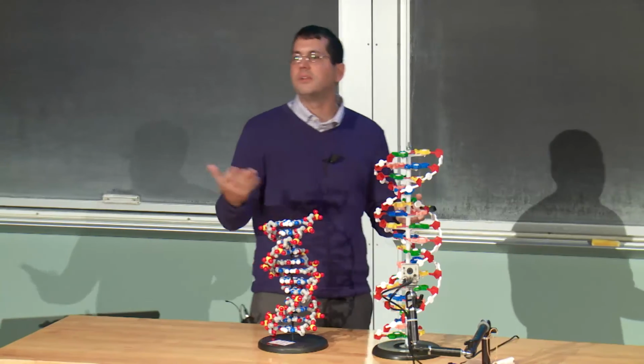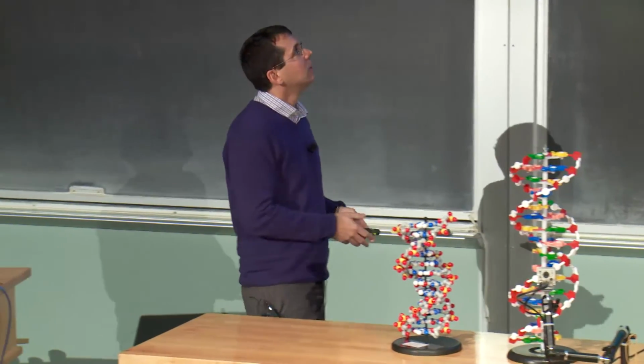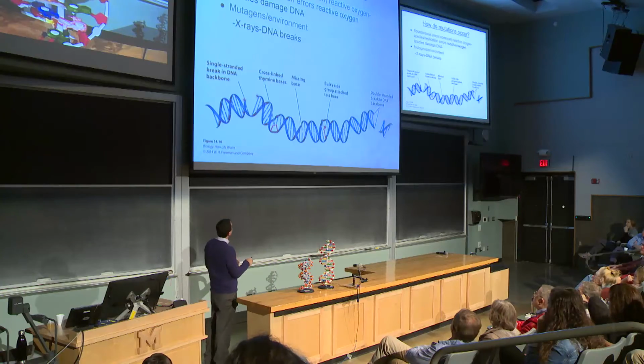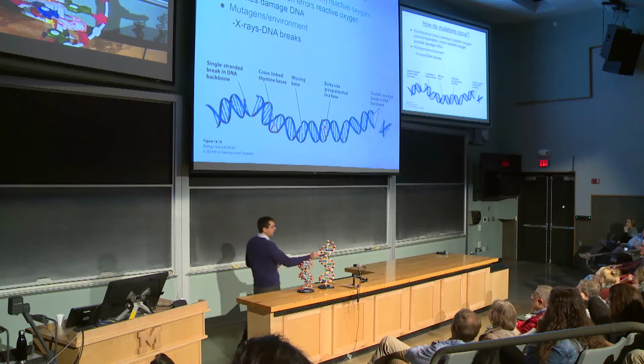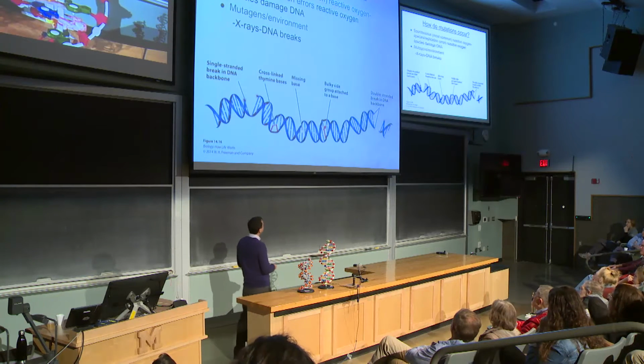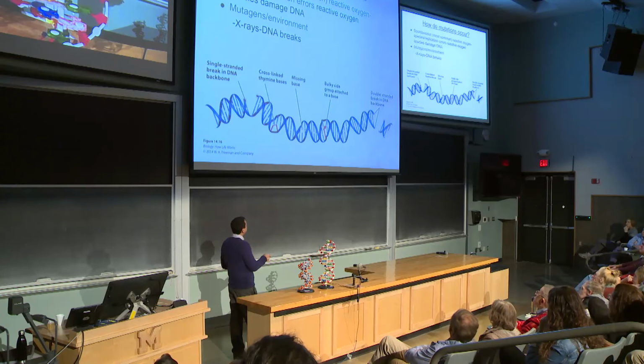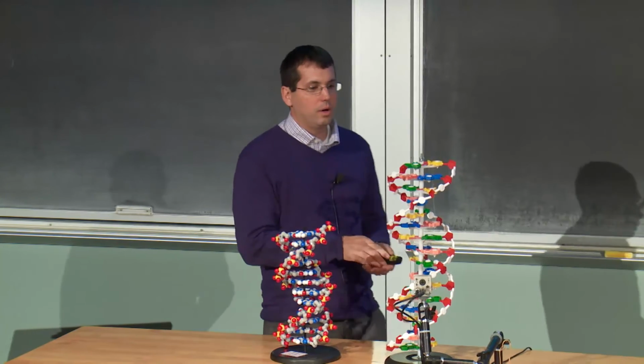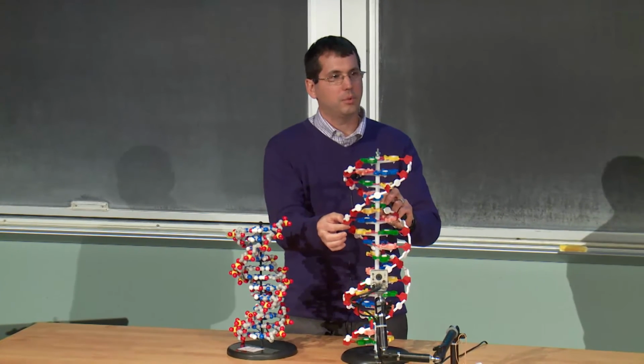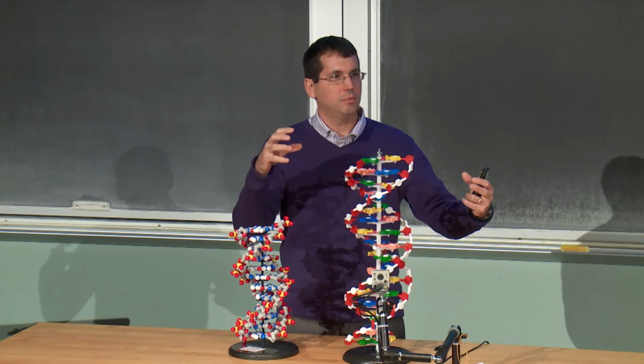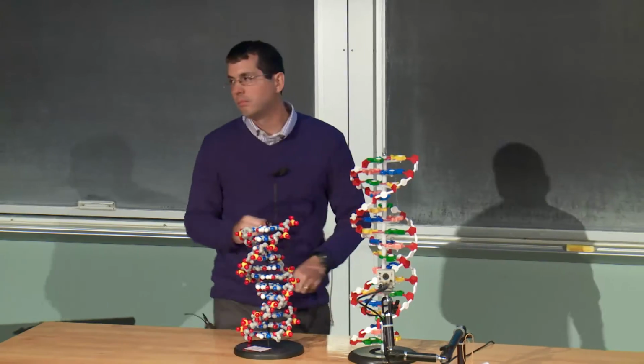What is the DNA polymerase going to do? And then there can be very large modifications that hang off of the bases. And then we can have, and what we're going to talk about for most of this lecture, a double-stranded break where both of the phosphodiester backbones are broken and the DNA is now in two pieces. Okay.